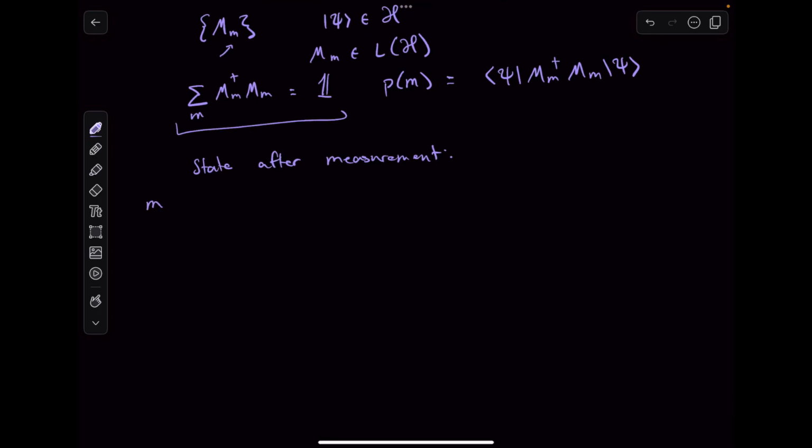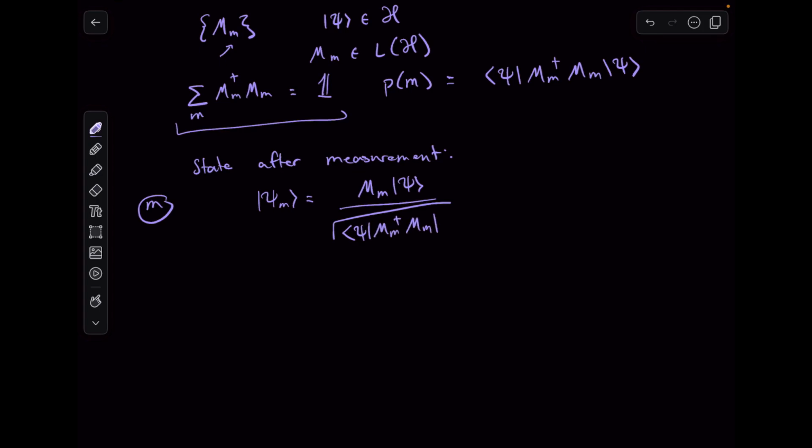Let's say we obtain some little m measurement outcome, then the state that we're left with, which we'll call psi sub m, is equal to that measurement operator acting on whatever state we started with, over the square root of this expectation value, which is just the probability of having obtained that measurement outcome. And this is nice, but for most purposes in quantum computing and quantum mechanics, we are not very concerned with the state after a measurement.